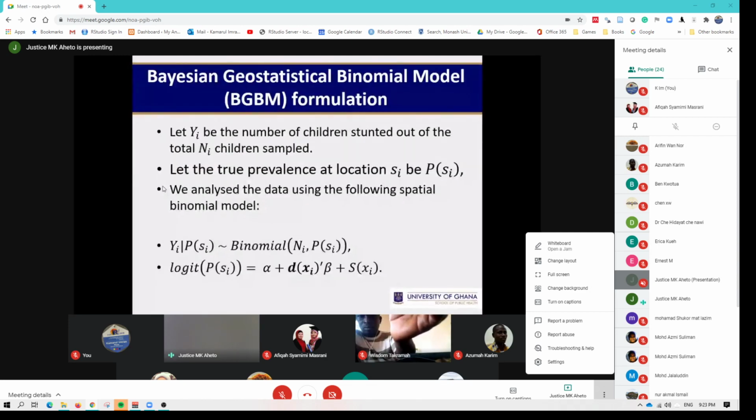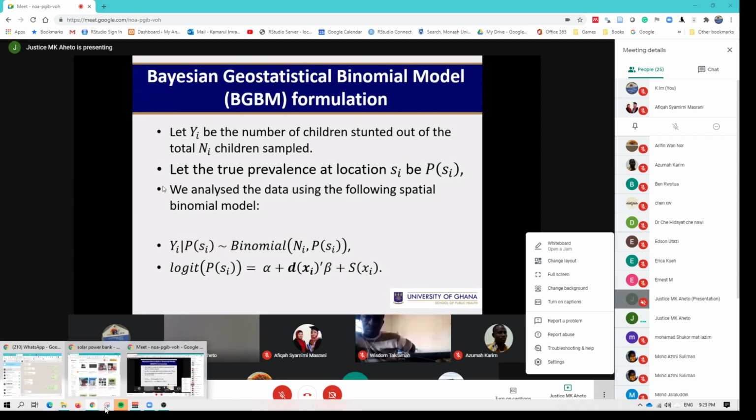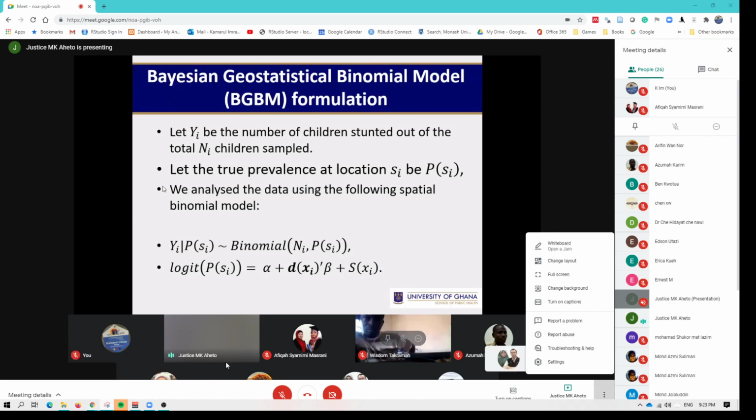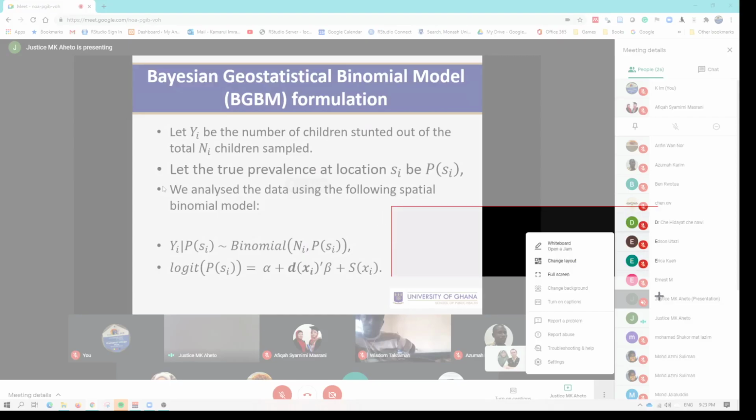So what modeling technique am I developing to apply to the problem? Basically, in this very study, Bayesian geostatistical methods were used through the binomial model formulation. And it's actually a very simple process. For instance, you can assume y_i to be the number of children who are stunted at a particular geographical location.